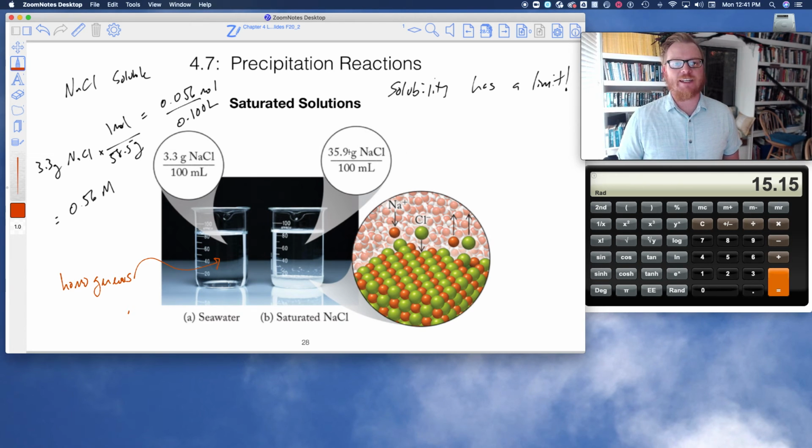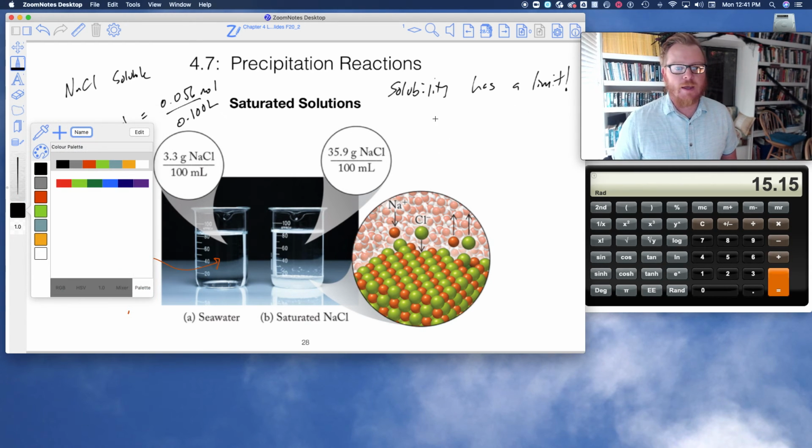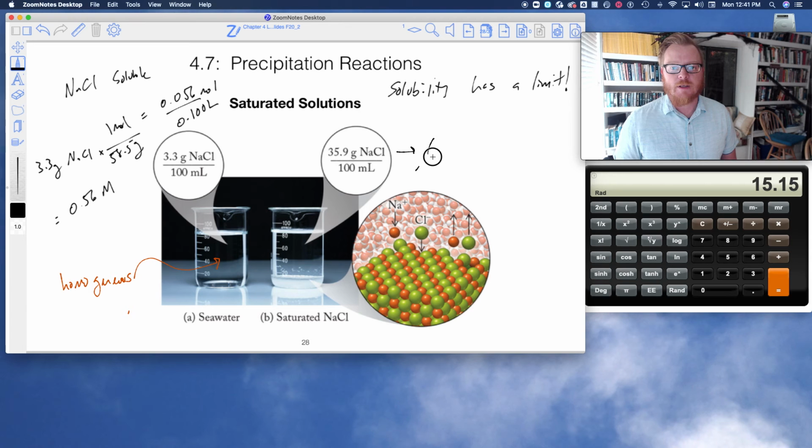So now look at this. Here's 35.9 grams of sodium chloride per 100 mils. So nearly 10 times that amount. And if I convert that really quick into molarity, I'm not going to show the work here, but I'll use my previous calculations. Okay, so this is 6.1 molar.